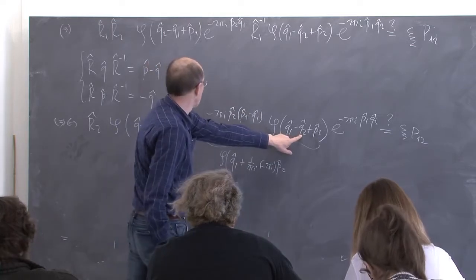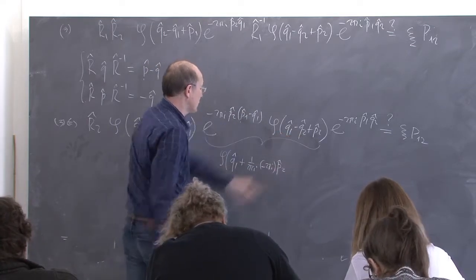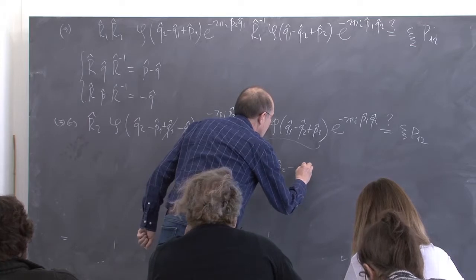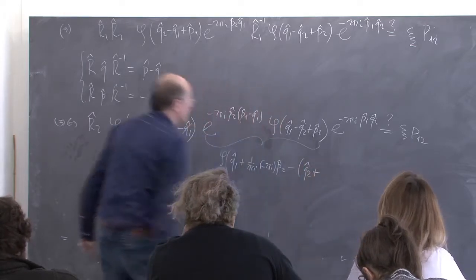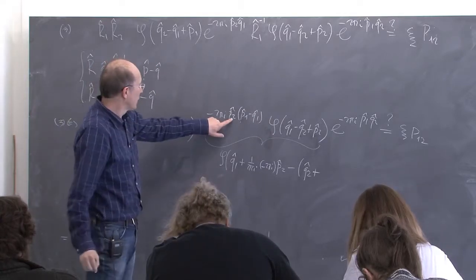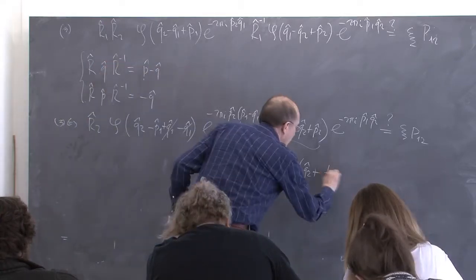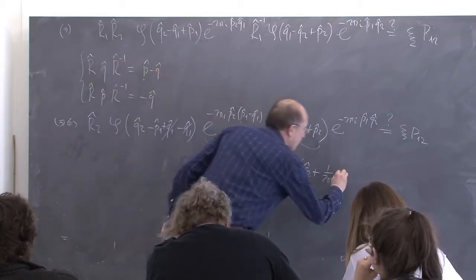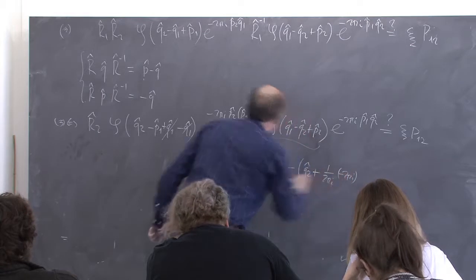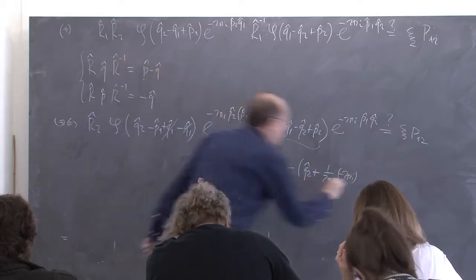And then we treat minus Q2: minus Q2 plus the commutator of P2 with Q2 gives 1 over 2 pi i, and we multiply by the rest, minus 2 pi i, P1 minus Q1.